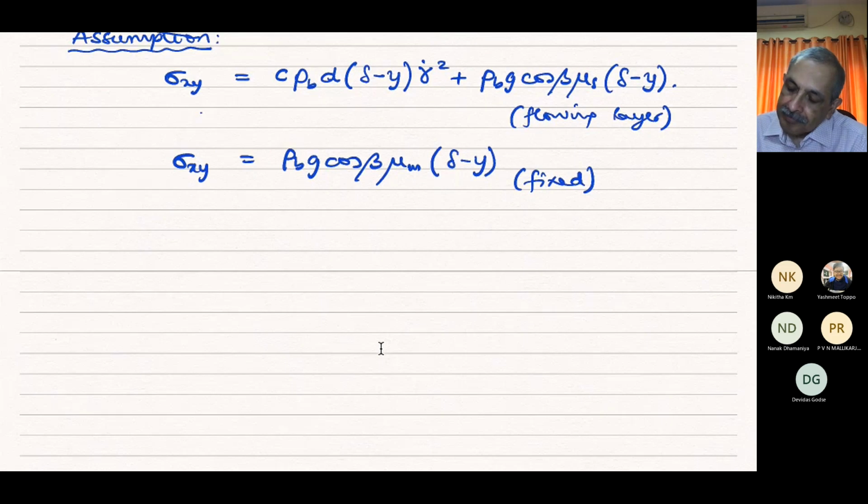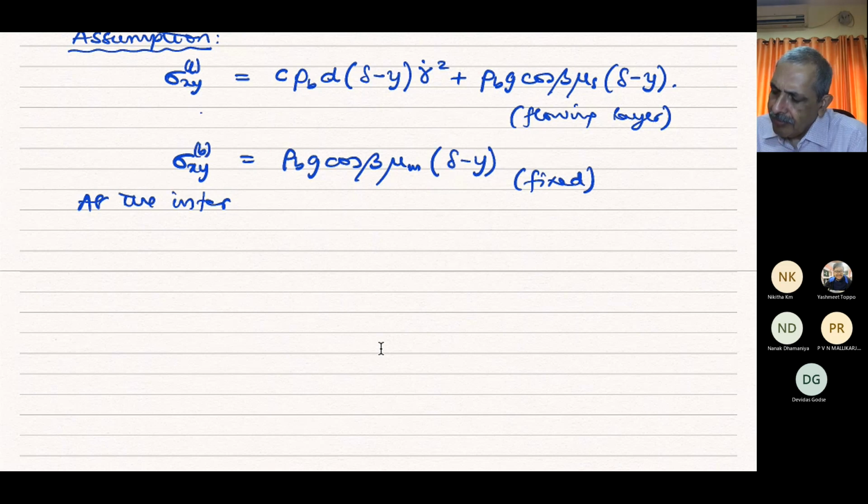Now, if you say that at y equal to 0, both are equal, I'm just going to call this by something. L will define the flowing layer and B is the fixed bed.